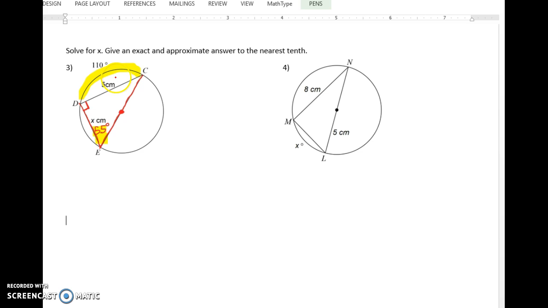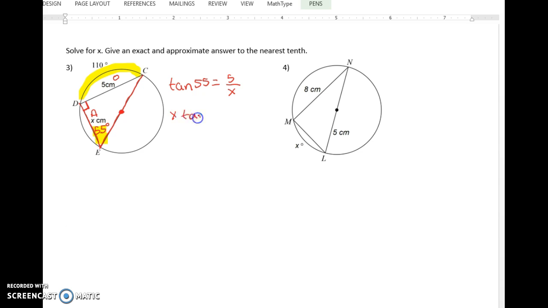So 5 centimeters is your opposite side, x is your adjacent side. So if I know my opposite and I want my adjacent, I'm going to use tangent. So you're going to take the tangent of the angle, so tan 55, and set that equal to opposite, which is 5, over x. I'm going to multiply x to the other side.